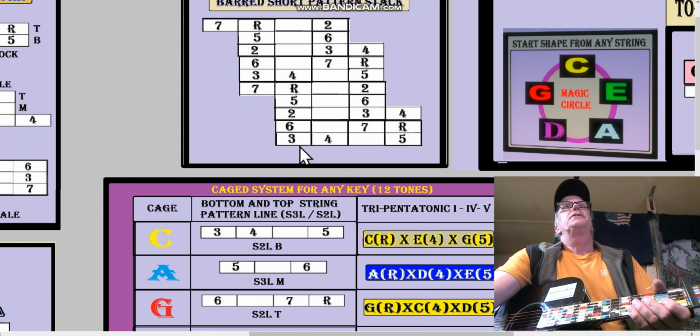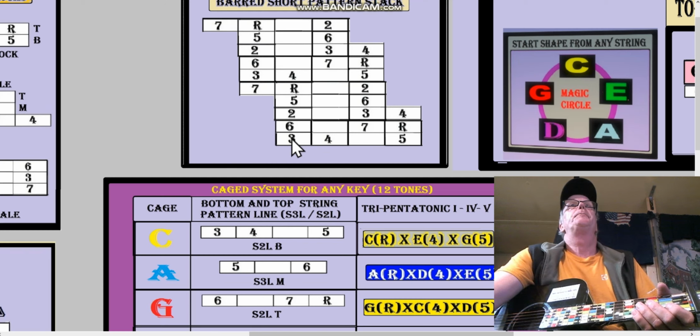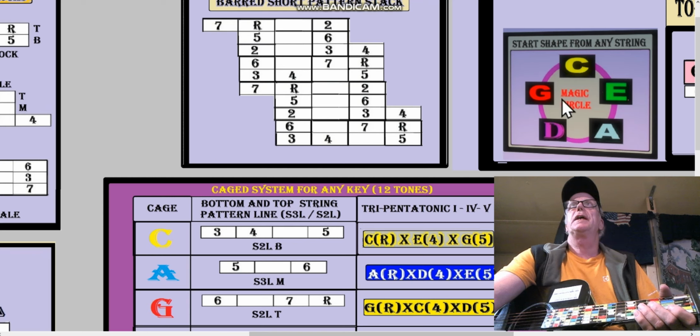So we start in C here, all right? If we're going to build this thing, the first string here is the C string. The C string is going to go where? It's going to go to the G string because it's the magic circle backwards.